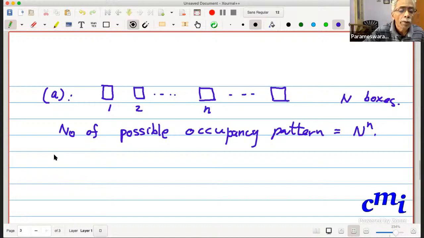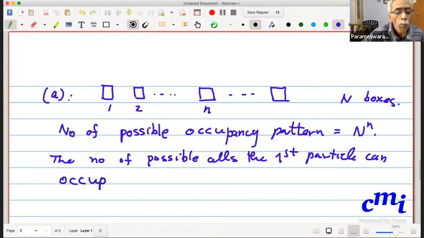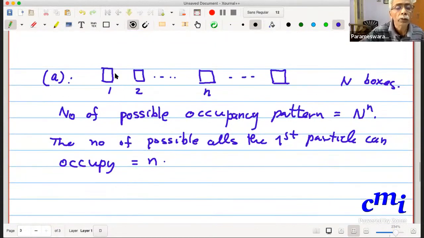So the number of possible cells the first particle can occupy is equal to n. For the next one, because two particles are not allowed to be in the same cell, it has to be in the remaining n minus 1 cells.